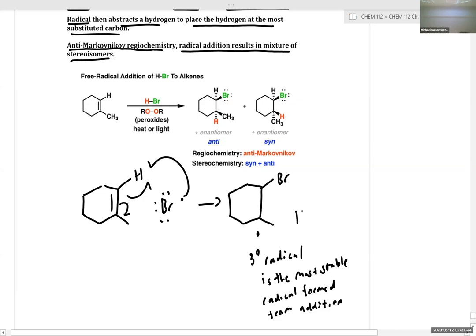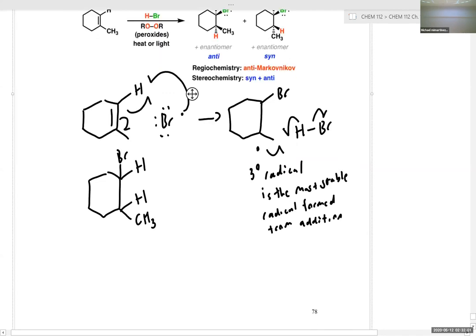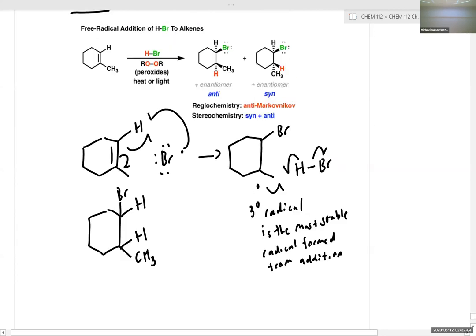After the radical is generated, then we can abstract a hydrogen to generate our product. And unfortunately, we get a mixture of stereoisomers, but as we can clearly see, we observe anti-Markovnikov regiochemistry.